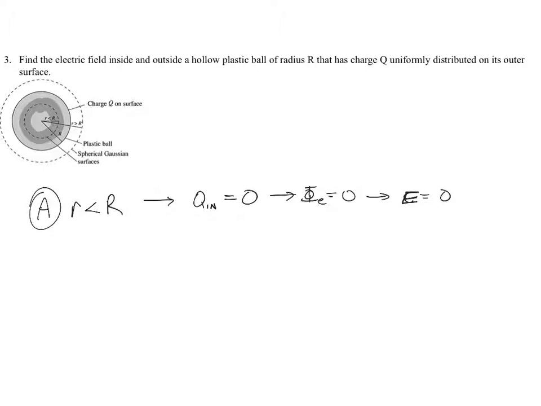So that one's easy. We don't even need to compute anything. R greater than R. Well, that's going to be this shell out here. Well, obviously we're going to have some flux due to that. So again, our electric flux, we'll skip the integral. It's going to be electric field times the area, which we know is the charge inside per epsilon naught.